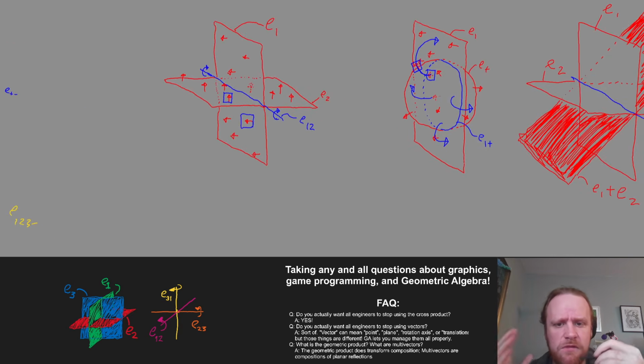And to review, E12 is a 180 degree turn because if you perform a reflection in E1 followed by a reflection in E2, you get a 180 degree turn around that line. And E1 plus is something like a 180 degree rotation around this circle, because if you reflect in E1 and then you perform what's called a sphere inversion in E plus, you get that thing.